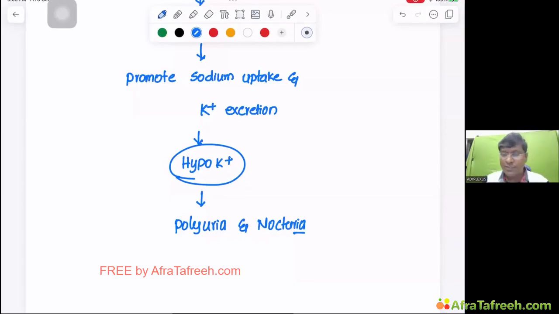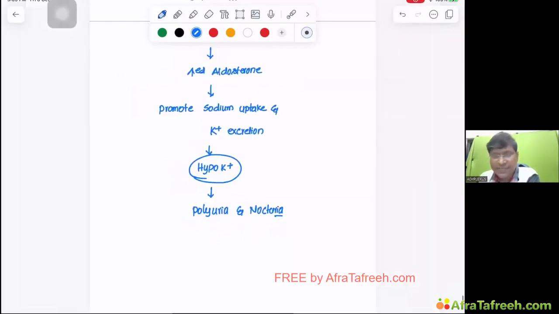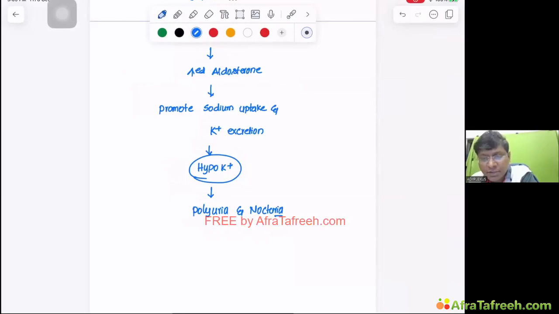And when there is polyuria and the kidney's capacity to reabsorb the water is lost because of the hypokalemia, what the body will think is that there is more and more fluid which is going out because of the hypokalemia.